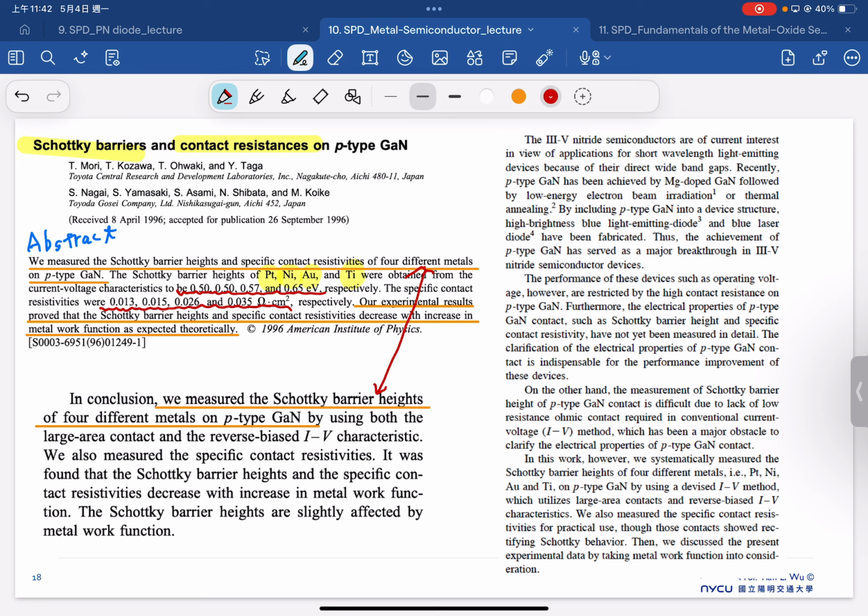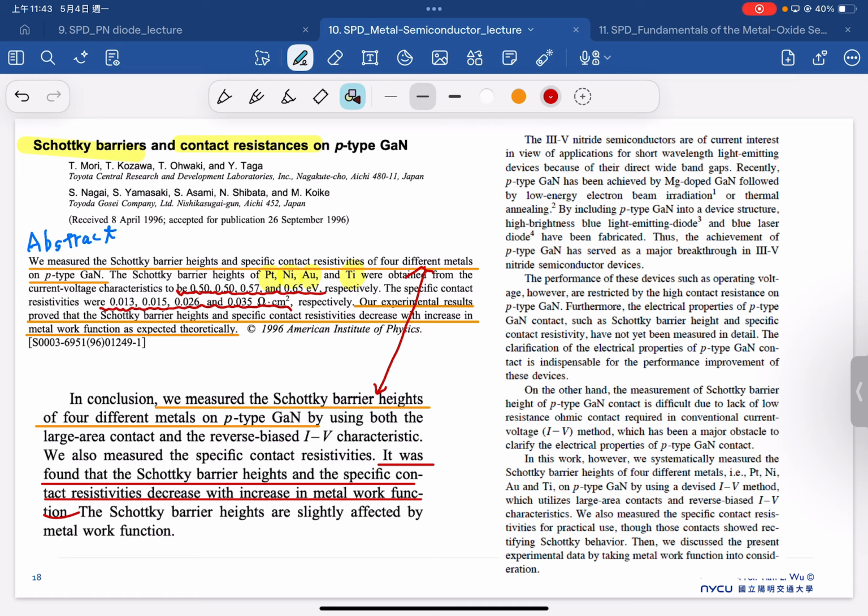You use the same logic and refresh the result. The conclusion mentions the same things: using both contact and reverse bias IV, they also measured specific contact resistivity. It was found that Schottky barrier height and specific contact resistance decrease with the increase in metal work function.